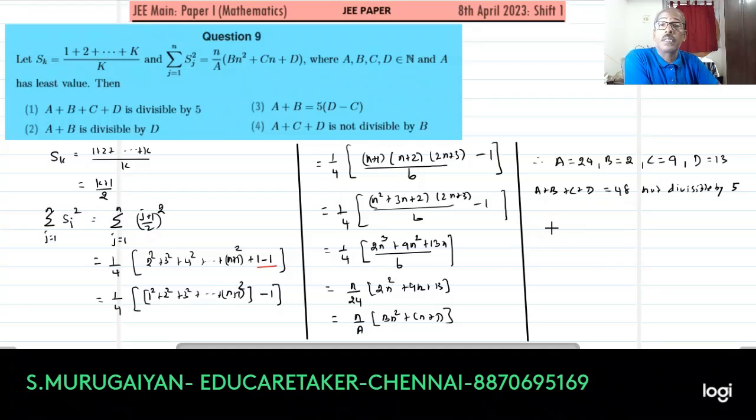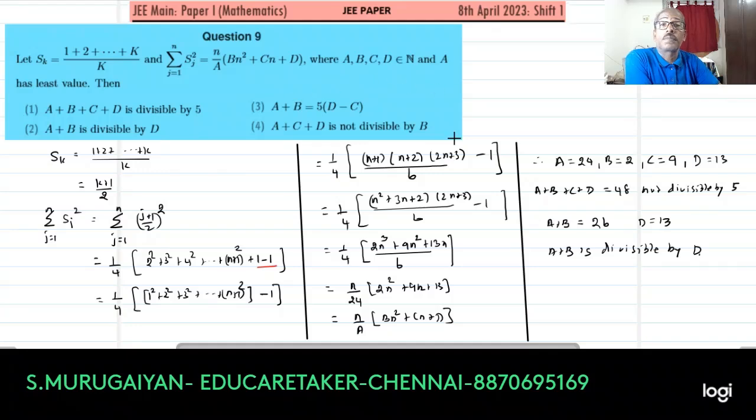Then second option, a plus b is 26 and d is 13. So a plus b is divisible by d.